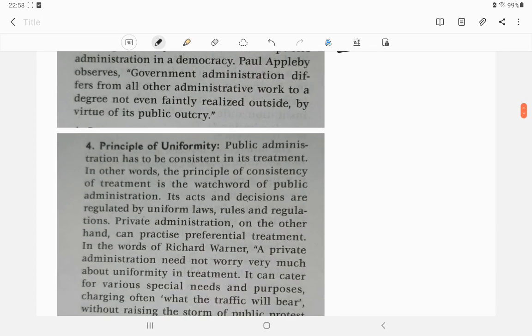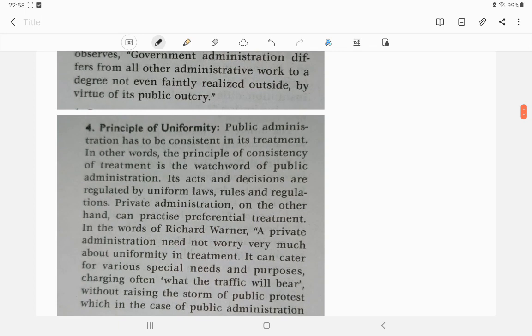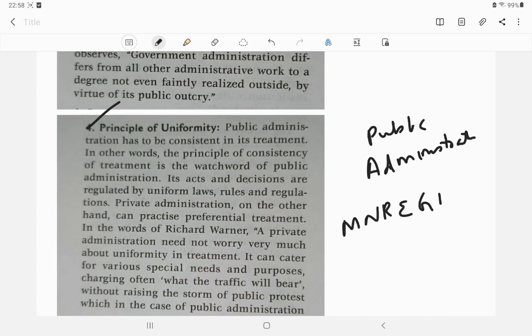Next, the principle of uniformity. In the sense that public administration should be the same everywhere. For example, the MNREGA scheme, Mahatma Gandhi National Rural Employment Guarantee Act, guarantees 100 days of employment to workers.